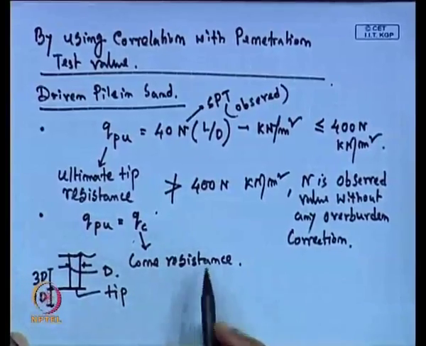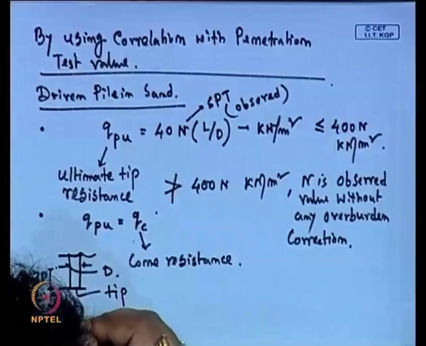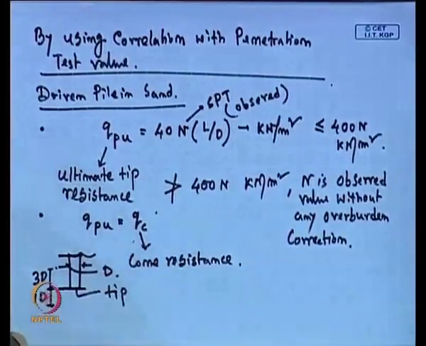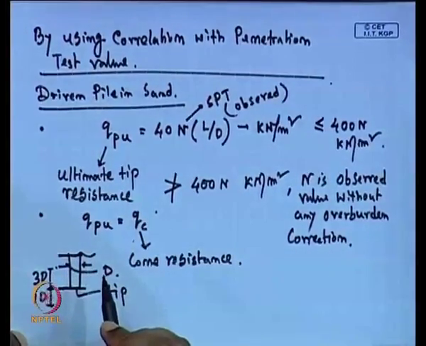So the average value of Q C over this 4D portion, 3D above the tip and 1D below the tip, we have to consider as this Q C.